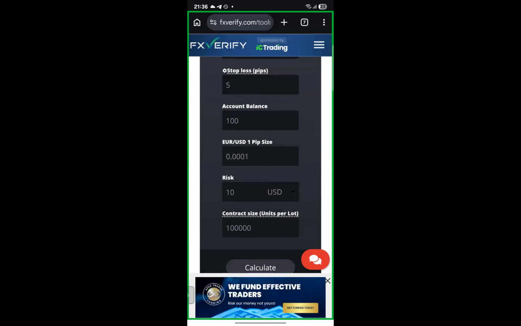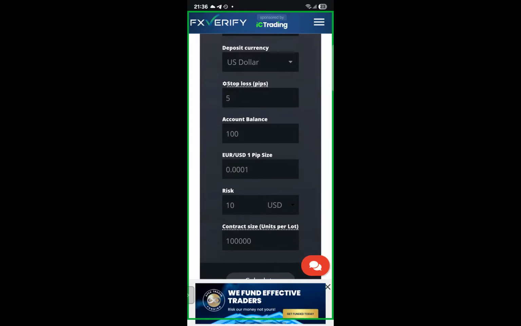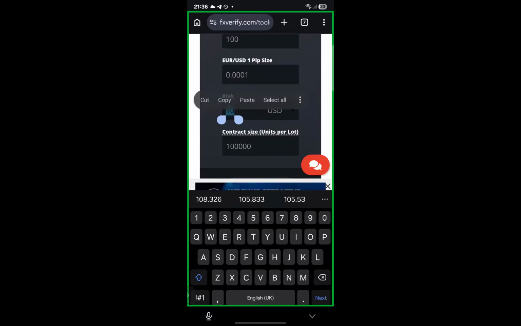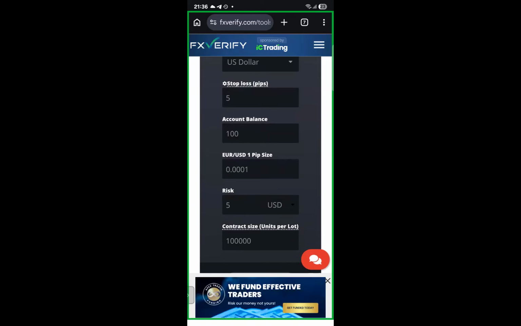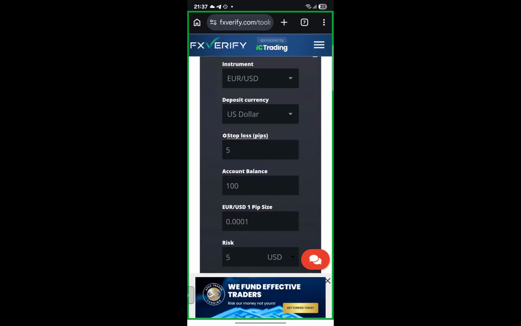All right. So let's say I have $100 now in my account and I want to risk just $5 per trade, which is 5%. What I'll do is I'll come to this risk and change this 10 to 5. So now these are the three things they asked me for. The first thing, the currency pair I'm trading.